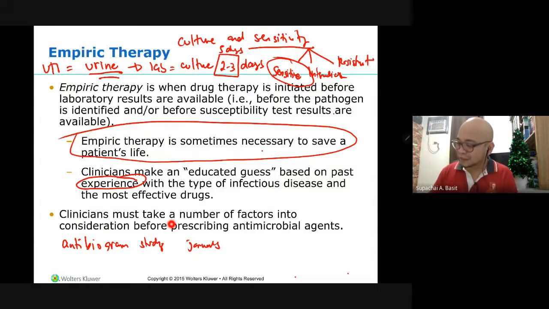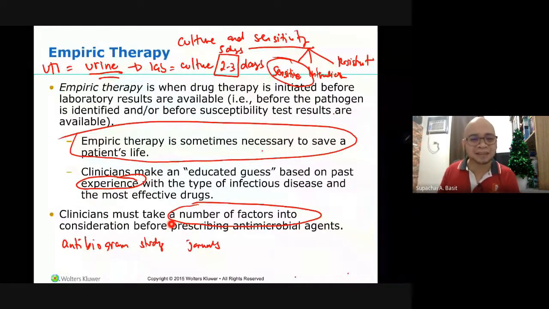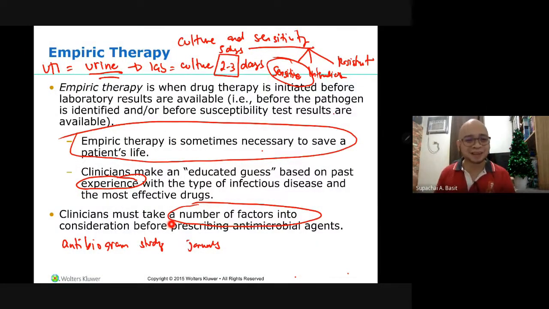The physicians would have to take a number of factors into account before prescribing antibiotics to the patient. Like, what are the factors? Like the age of the patient, the condition of the kidneys or the liver. Can the patient take antibiotics because of his age, or is the patient undergoing hemodialysis?